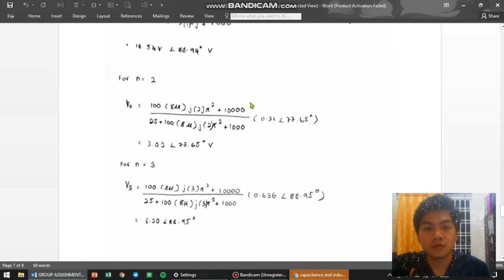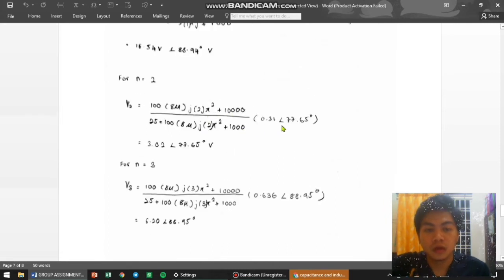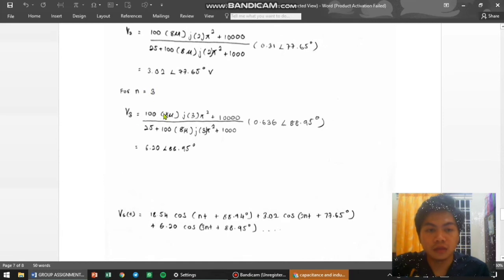Same goes for the voltage 1. We insert all the information, but for V source, we use the V source for V2 that we have calculated also. And same goes for the V3. We use the same method, and the V source is for the V source for N3.